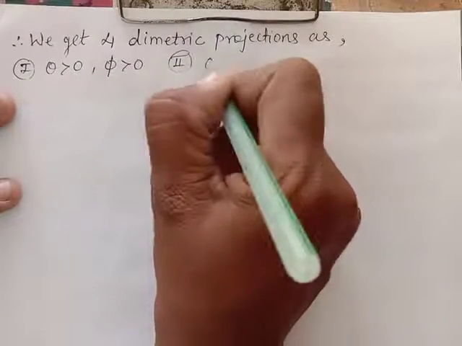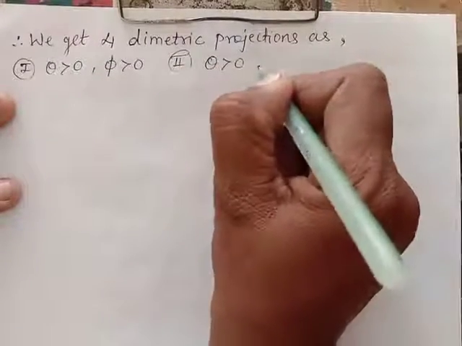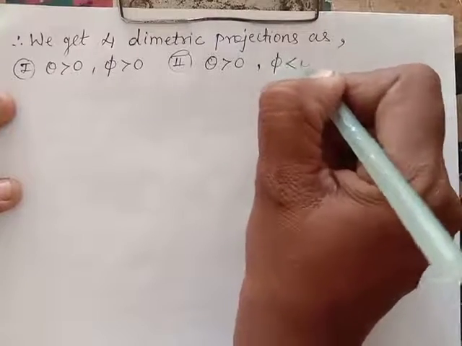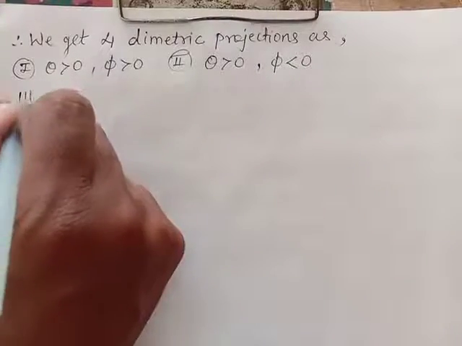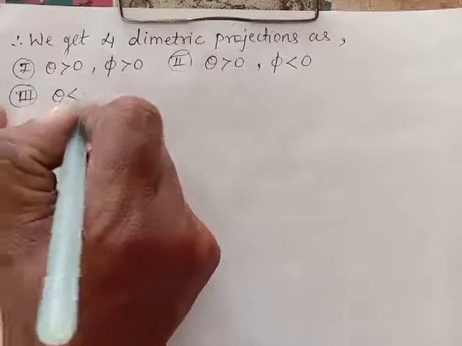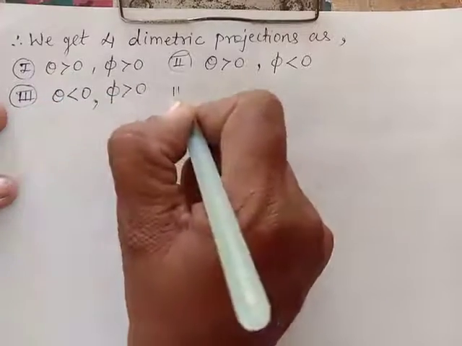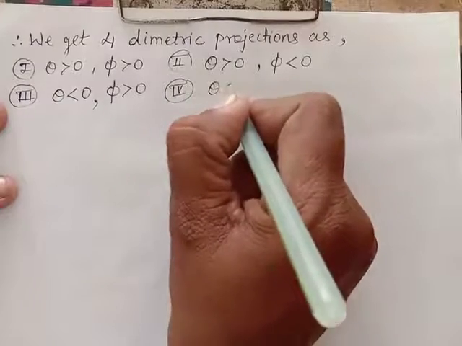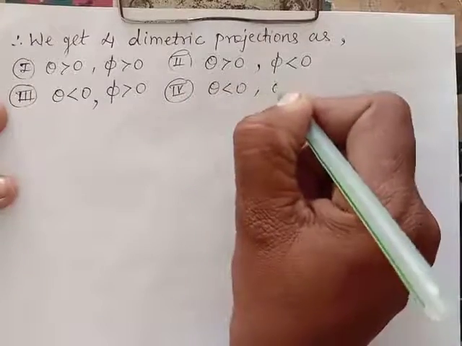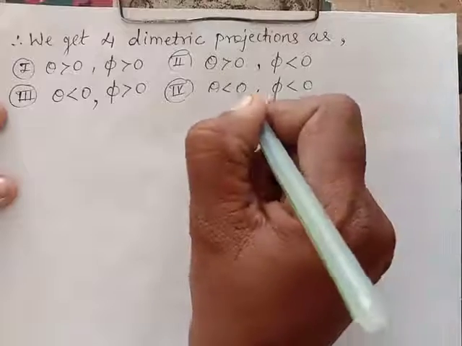Second, theta positive, phi negative. Third, theta negative, phi positive. And fourth, theta negative and phi also negative.